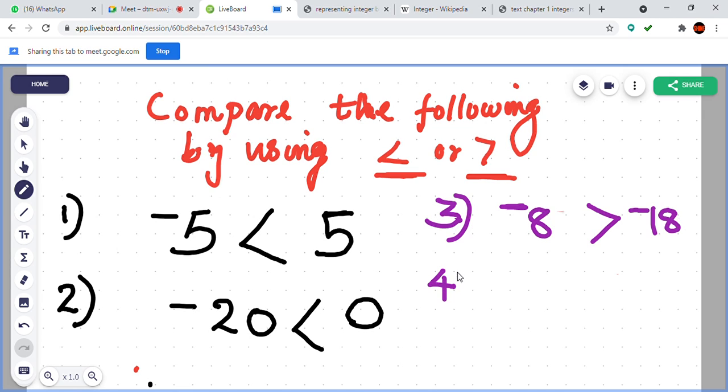Now, question number 4, you type: negative 1000 and positive 100.